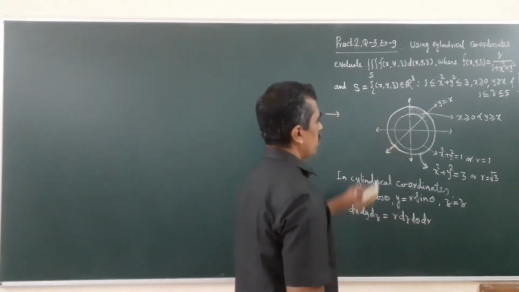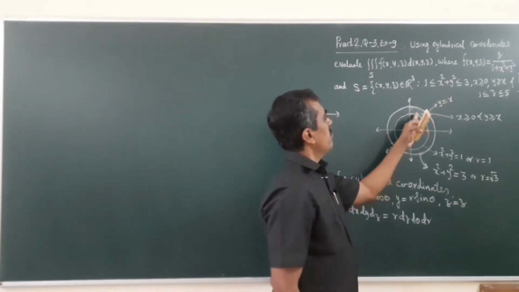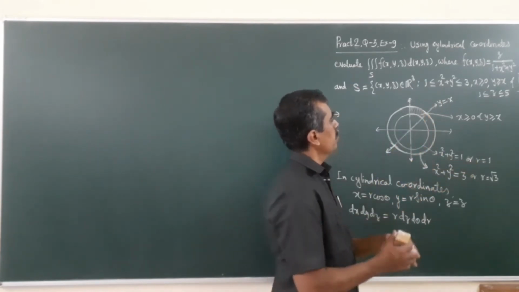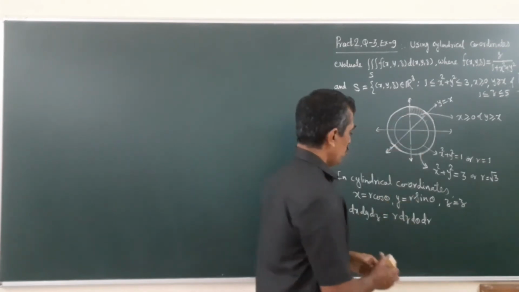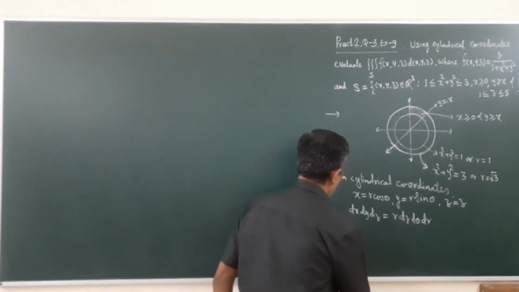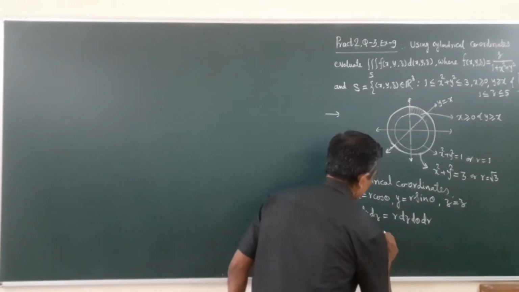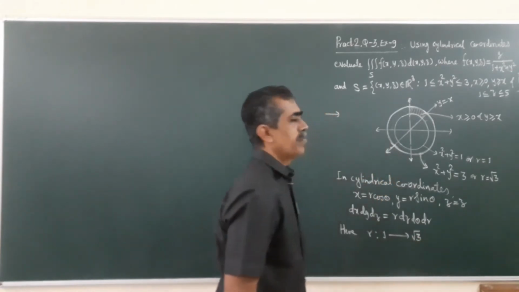Now, come to the limits. What are the limits of r here? Your base is the region between these two circles. Here r is 1 and here r is root 3. So r runs from 1 to root 3.